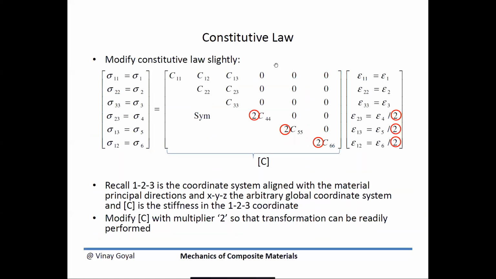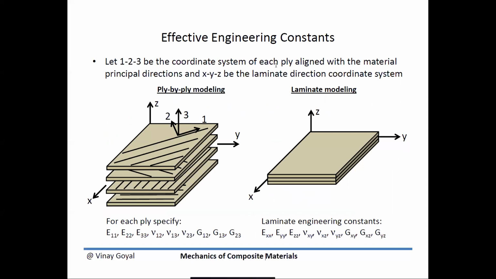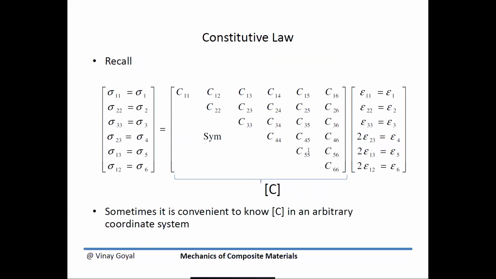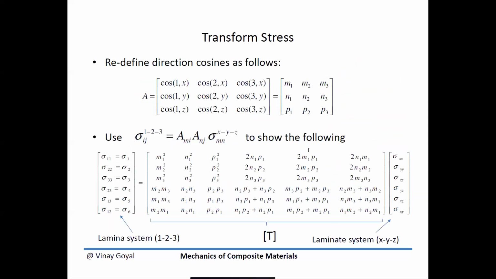Recall that what we're trying to do in this image is that given the properties E1, E2, E3, and so forth, the material properties for the lamina system, we want to relate that to the laminate system, X, Y, and Z. And so what I want to really do is find the constitutive law in this system. That is the end goal, and that's what we're trying to drive towards.